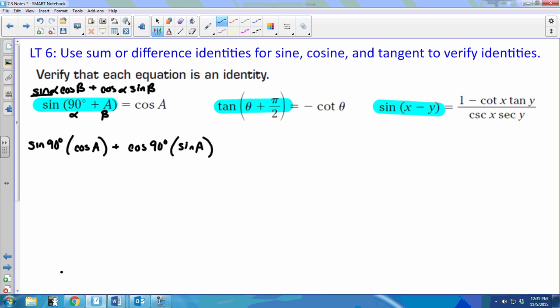I filled in this whole thing. I just filled it in.